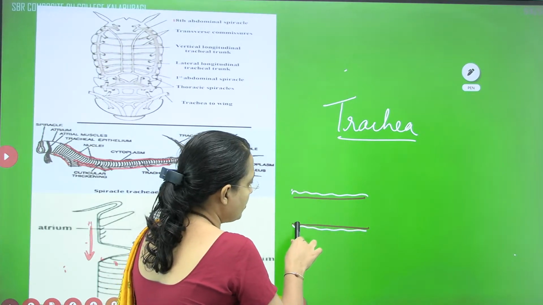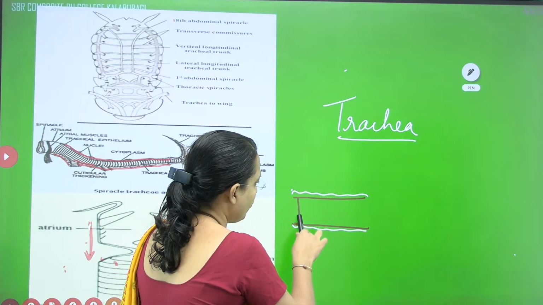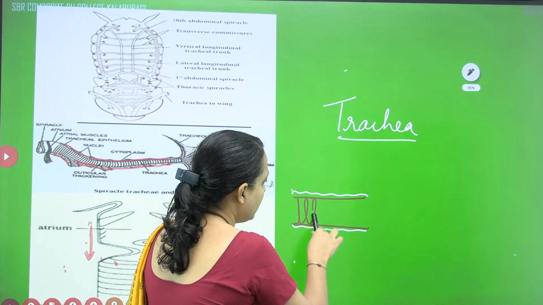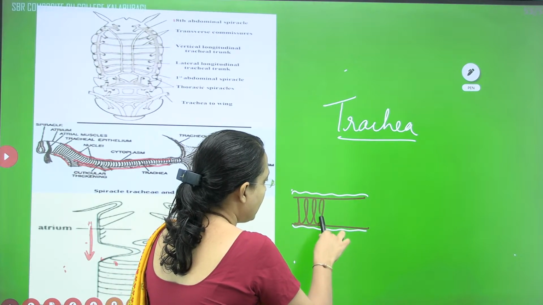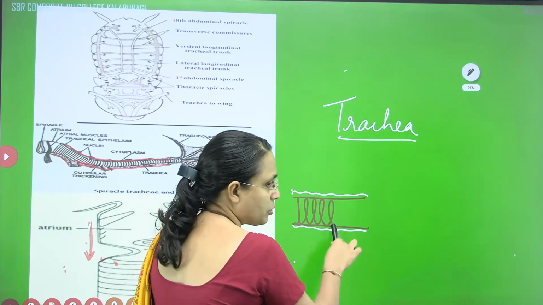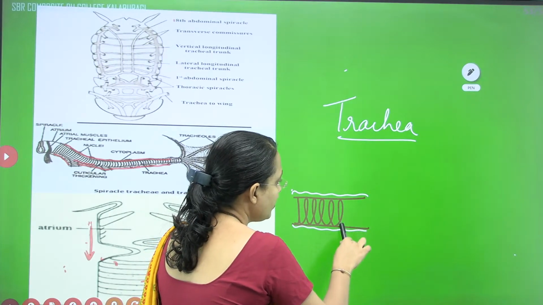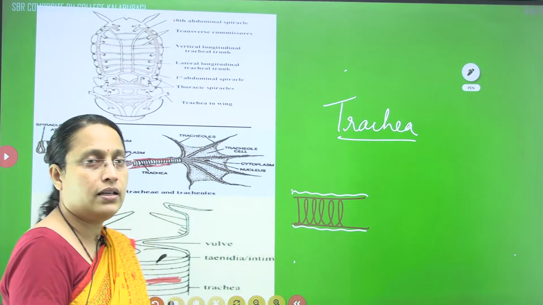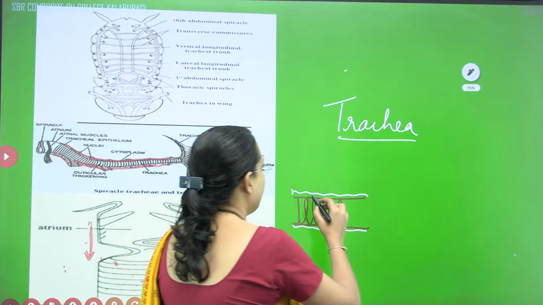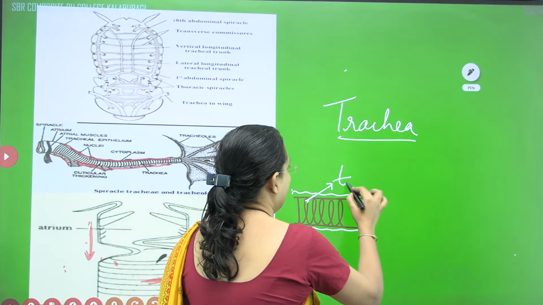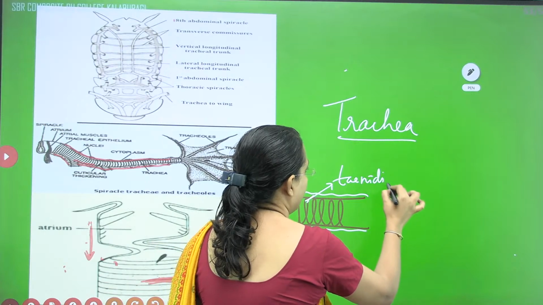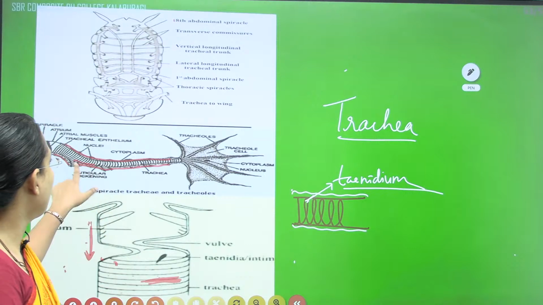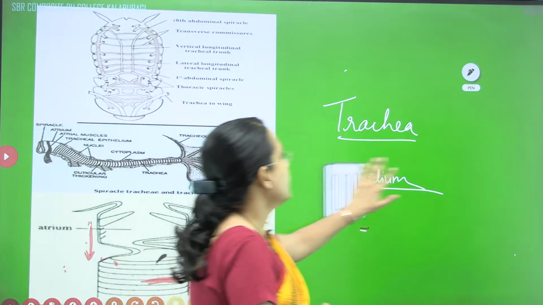This cuticle becomes thickened regularly in the shape of a spiral, taking a regular pattern, like this. These spirally coiled thickenings of the cuticle are called taenidium. So therefore, bigger sized trachea have taenidium.